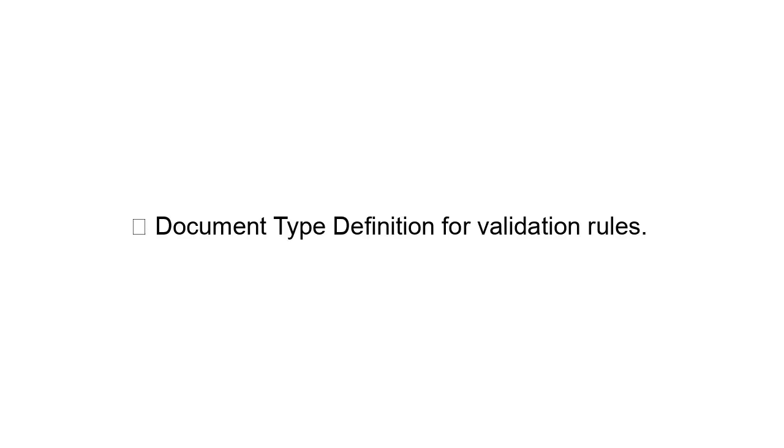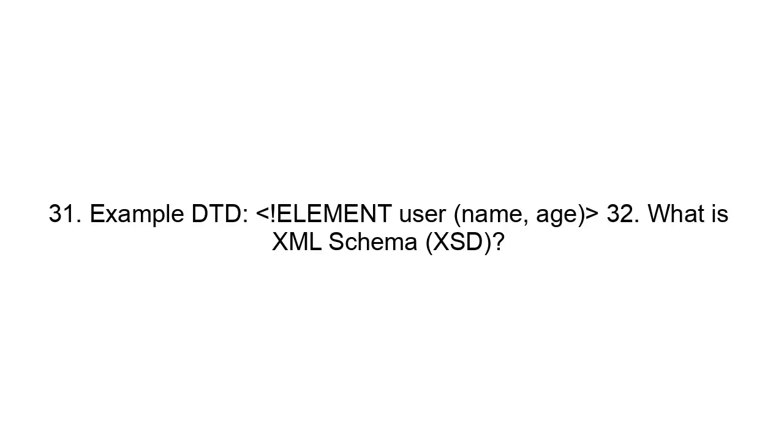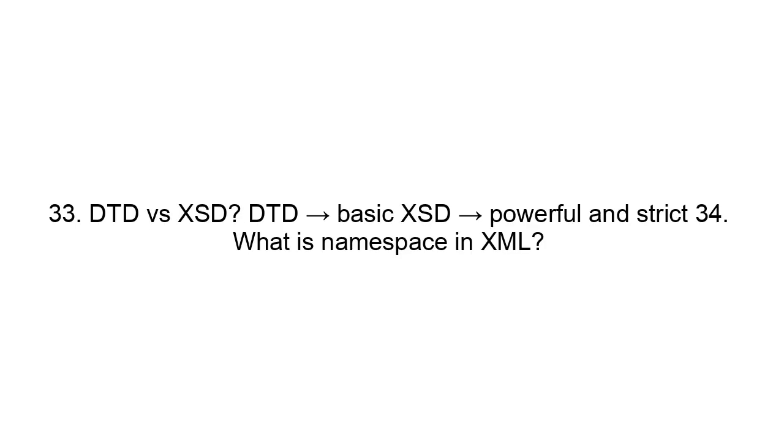Document type definition for validation rules. 31. Example DTD. <!ELEMENT user (name, age)>. 32. What is XML schema, XSD? Advanced validation definition. 33. DTD versus XSD. DTD means basic. XSD means powerful and strict.